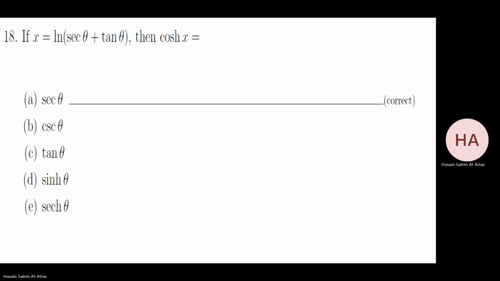If x equals ln of secant theta plus tan theta, find cosine hyperbolic of x. Okay. So I need to find what is x first, then find cosine hyperbolic of this. I cannot simplify this. But cosine hyperbolic of x is e to the power x plus e to the power minus x over 2.